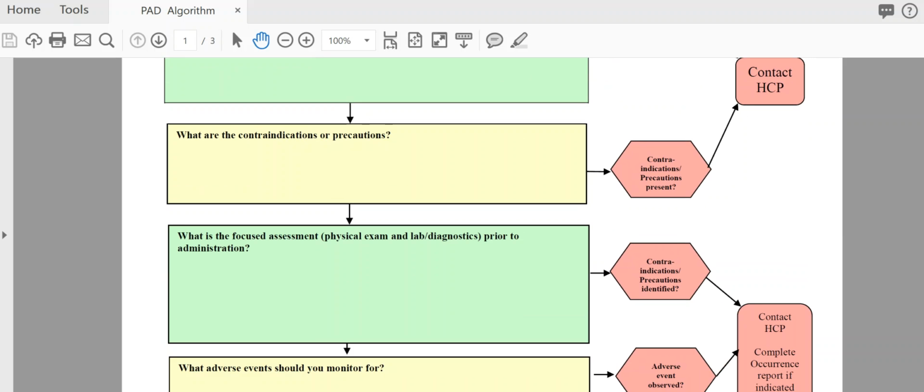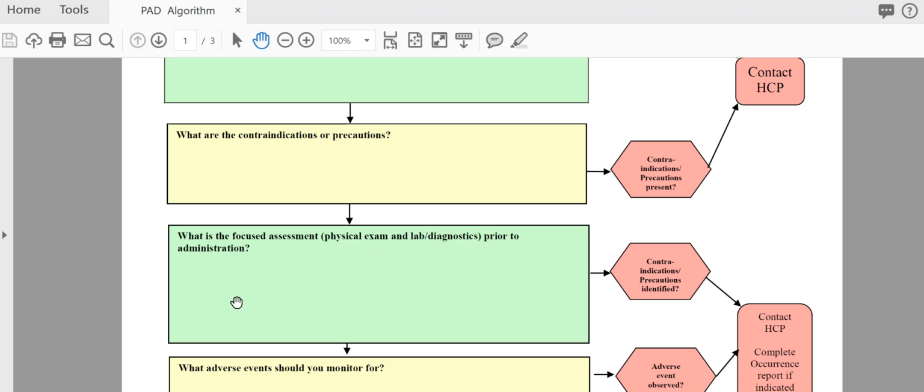When we look at the focused assessment, what we're looking for is, is it working? And are contraindications, precautions, or warnings arising? And if those things are occurring, then we would look for those signs here. So signs and symptoms of a heart attack: shortness of breath, chest discomfort, nausea, vomiting, diaphoresis, activity intolerance would all be signs of a heart attack.